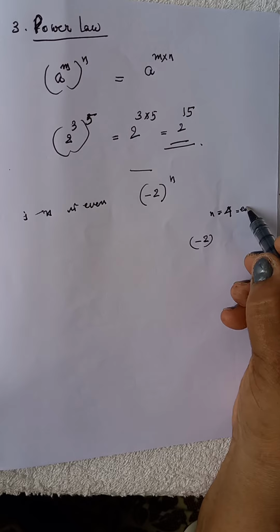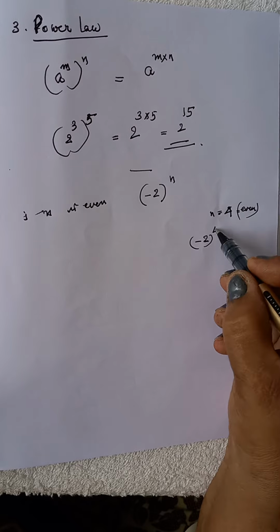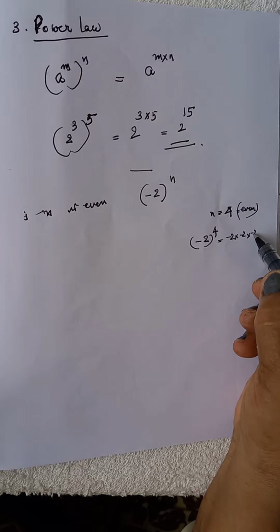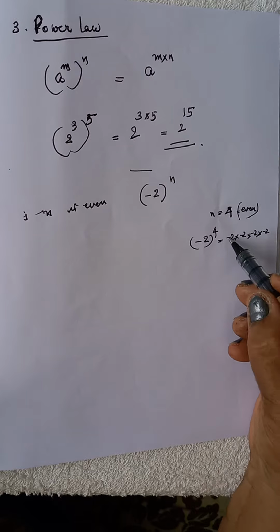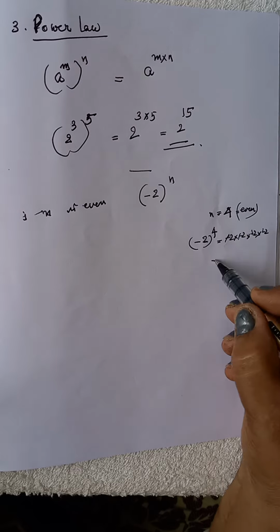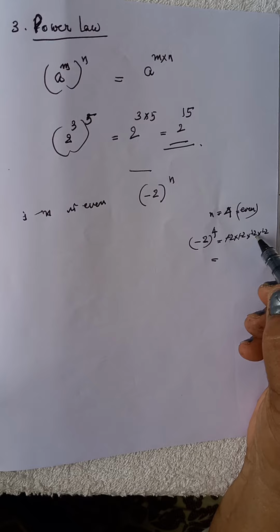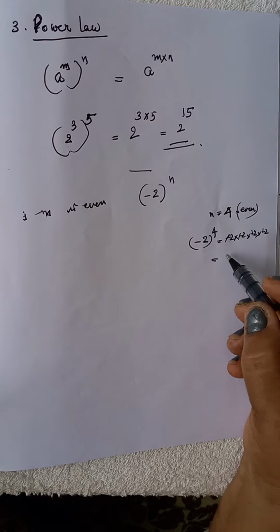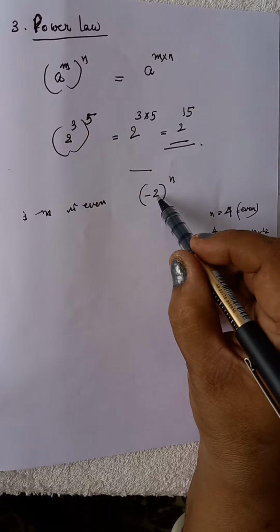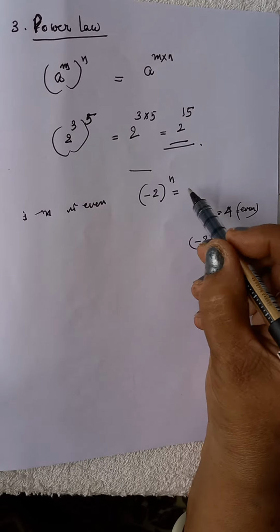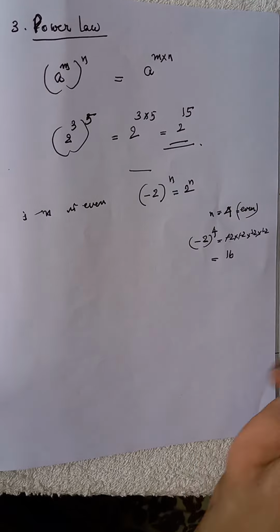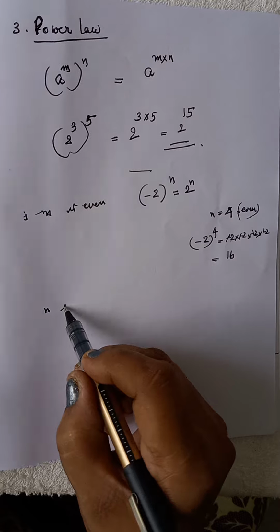So this is even, so minus 2 raised to 4 is equal to minus 2 into minus 2 into minus 2 into minus 2. Minus into minus is plus, here also minus into minus is plus. So the answer is 2 into 2, 4, 4 into 2, 8, 8 into 2, 16. But if n is even, minus 2 raised to n is equal to 2 raised to n.